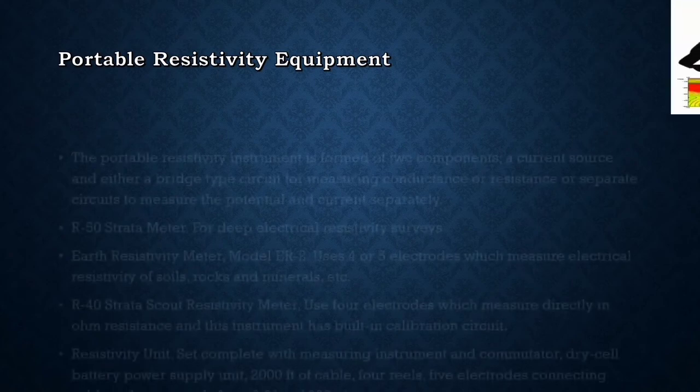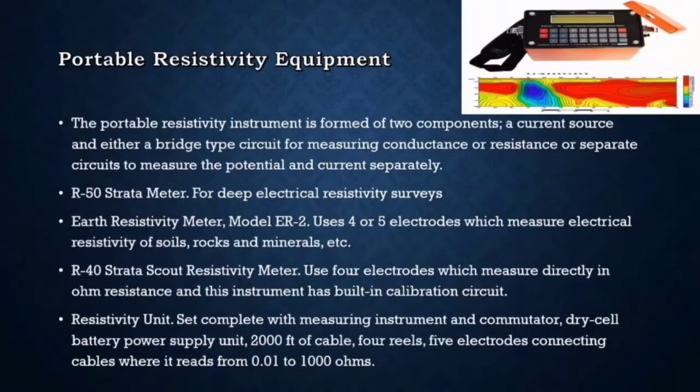Portable resistivity equipment. The portable resistivity instrument is formed of two components, a current source and either a bridge-type circuit for measuring conductance or resistance, or separate circuits to measure the potential and current separately. R50 Stratometer for deep electrical resistivity surveys. Earth resistivity meter, model ER2, uses 4 or 5 electrodes which measure electrical resistivity of soils, rocks, and minerals.